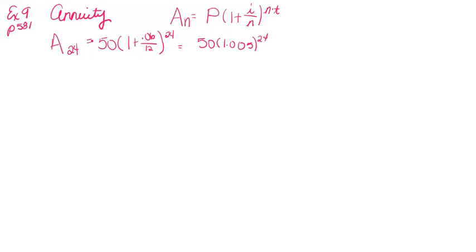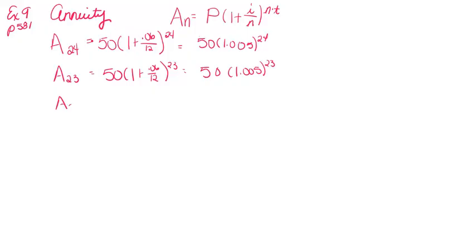Now, the next month I'm going to put $50 in. It will stay in for 23 months. So I'll have 50 times 1 plus 0.06 over 12 raised to the 23rd power, which simplifies to 50 times 1.005 raised to the 23rd.